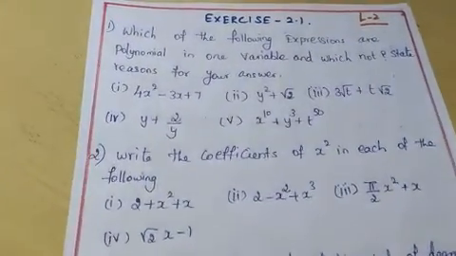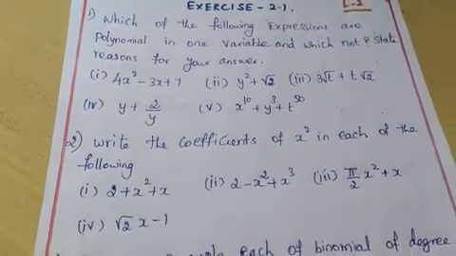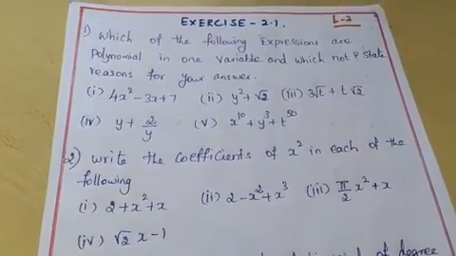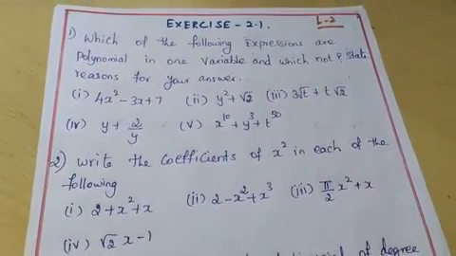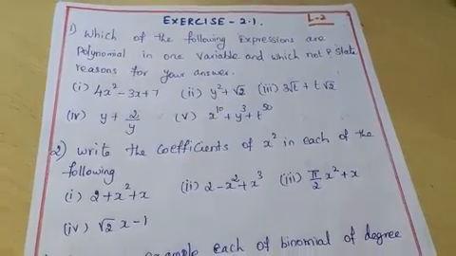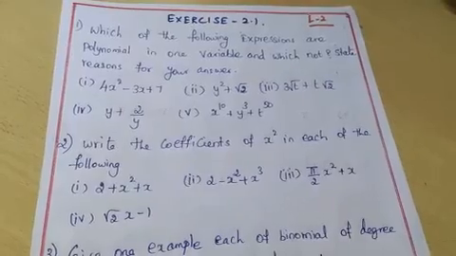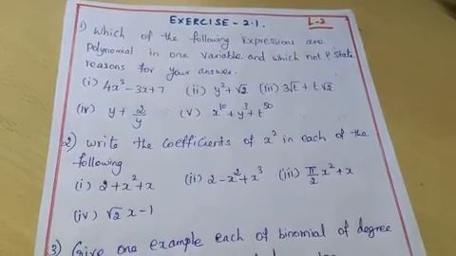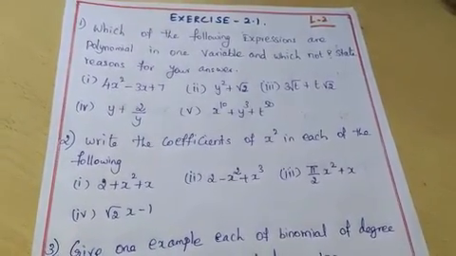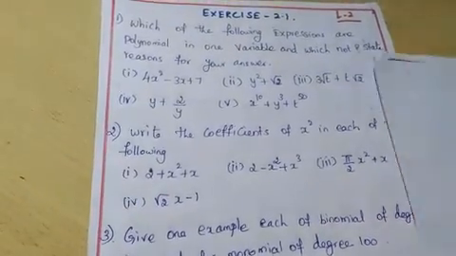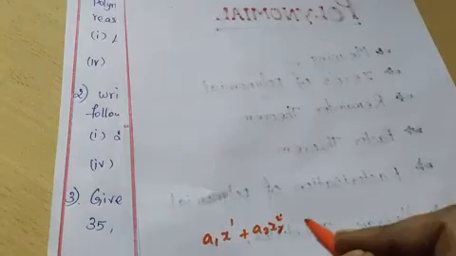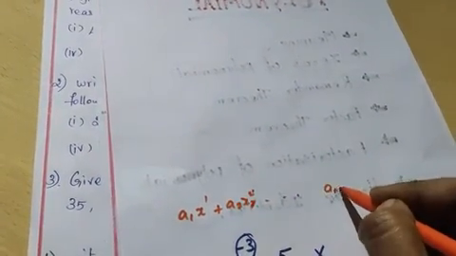the zero polynomial. Zero polynomial is one where the constant value is completely zero, means no other value is given, just a constant is given, or if there is a variable, the coefficient is 0. Suppose you have a1 x power 1 and a2 x power 2, it goes on like this, up to an x power n.